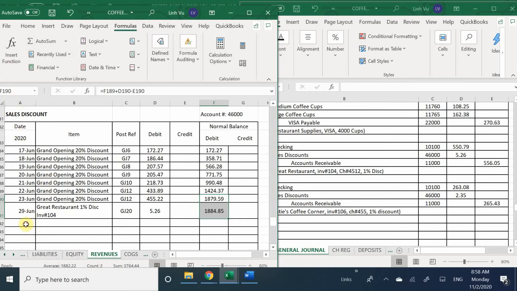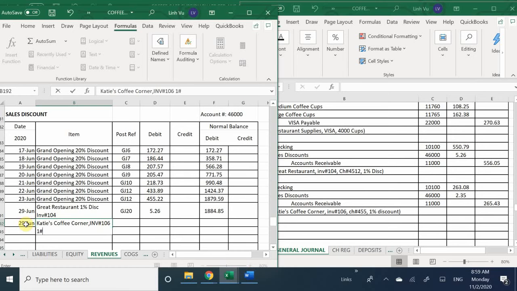629. Katie's Coffee Corner. 1% discount. Invoice 106. And you said 1%?